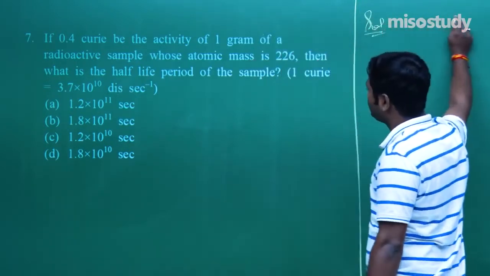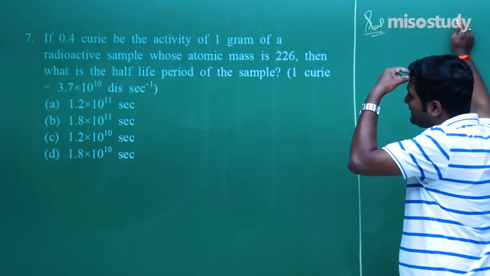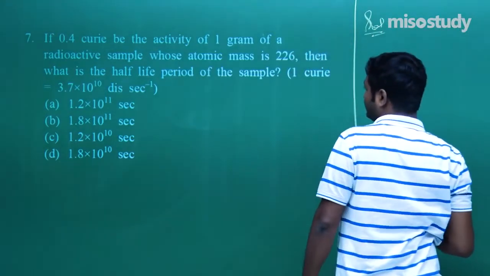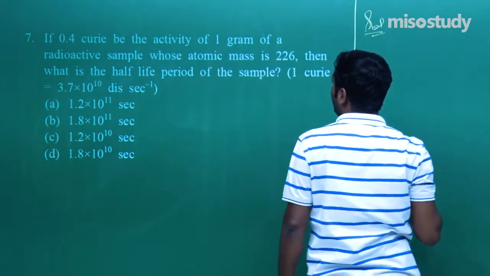In this case, we all know the rate, dN upon dt, is given here as 0.4.